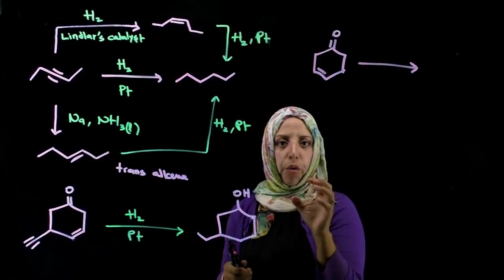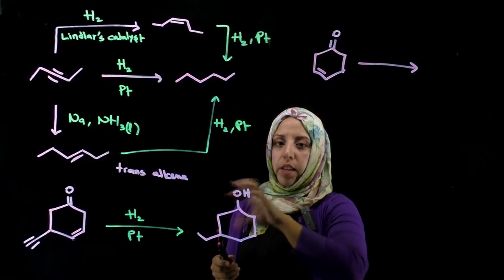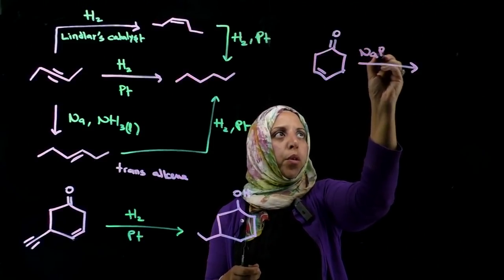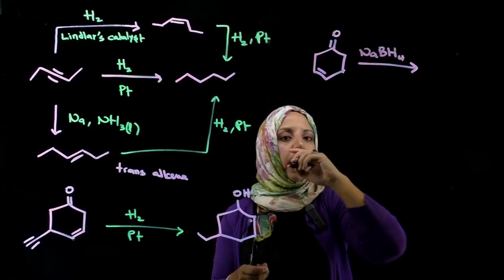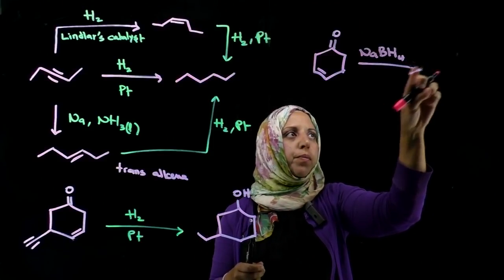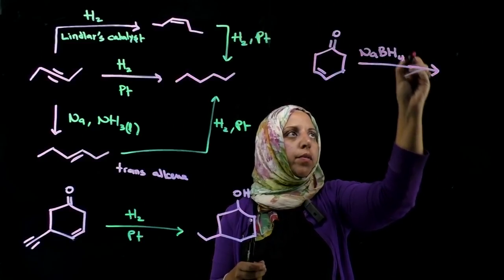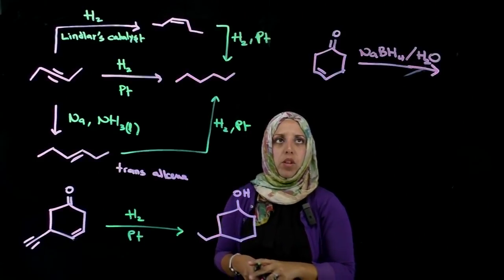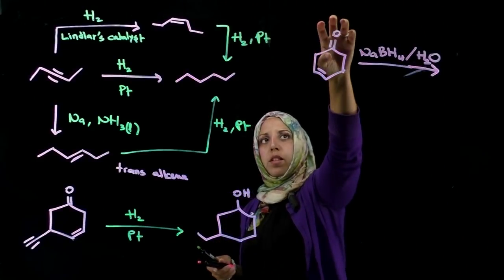This video is not meant to go over the details. It's simply helping you predict the product. Sodium borohydride is typically run in a protic solvent: methanol, ethanol, or water. I'll just keep it water. It's run in any protic solvent, and it's selective towards the carbonyl.